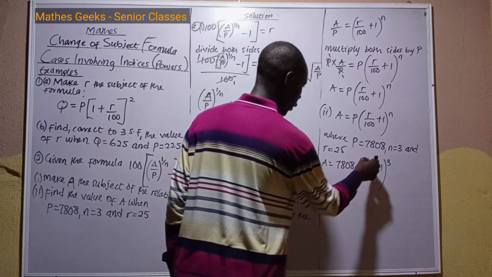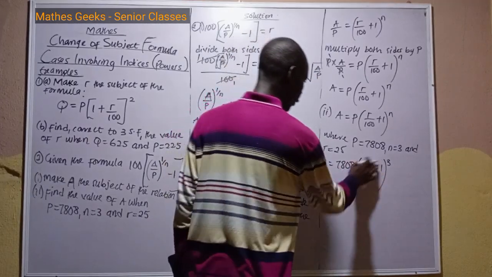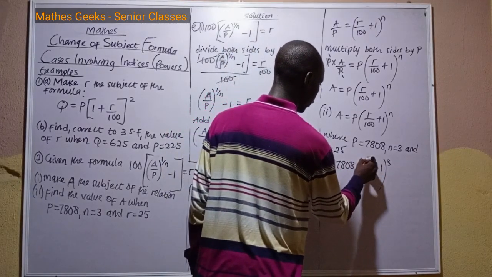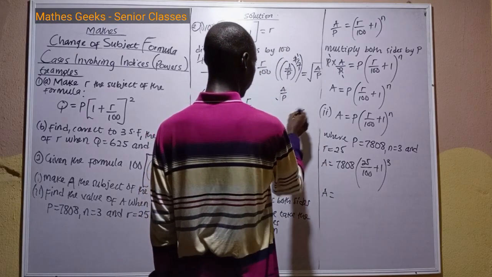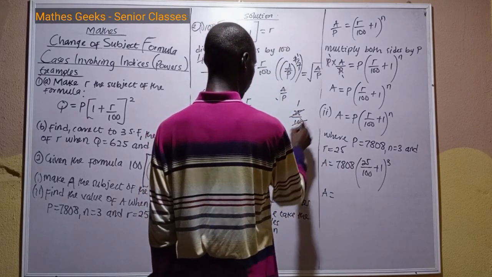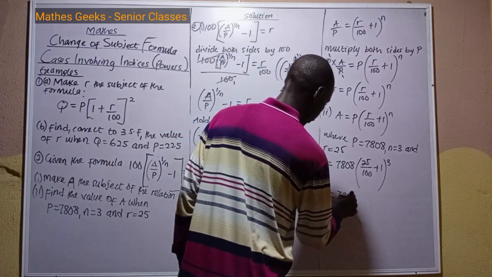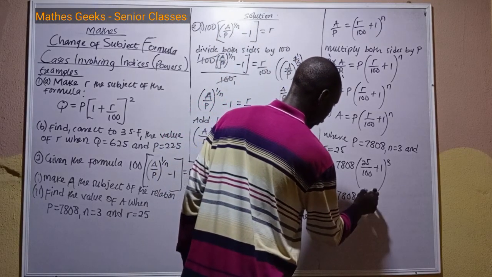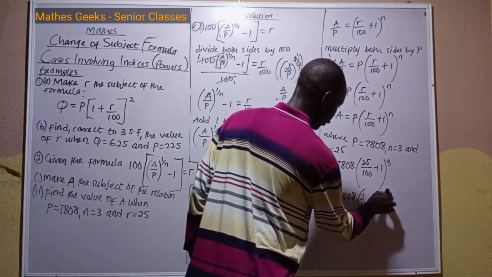We can still reduce the fraction: 25 over 100, 25 here 1, 25 here 4, so that goes to 1 over 4 plus 1. So 7808 times 1 over 4 plus 1, all raised to the power of 3.